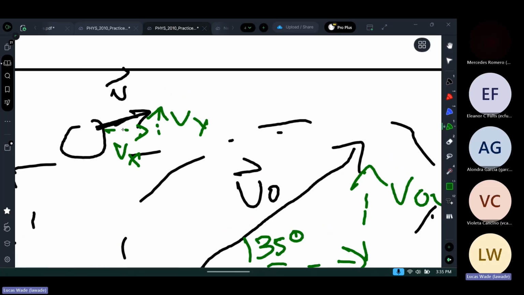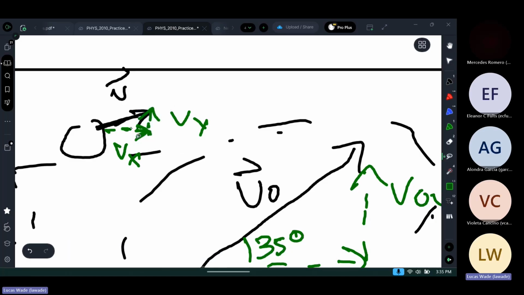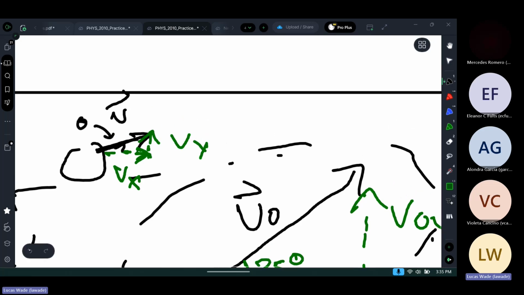Vx is how fast the puck is sliding horizontally at the end, and Vy is how fast it's sliding vertically. I should scooch that over so it adds up to give that overall velocity vector v. And theta is that little angle in there. That's what I want to find.